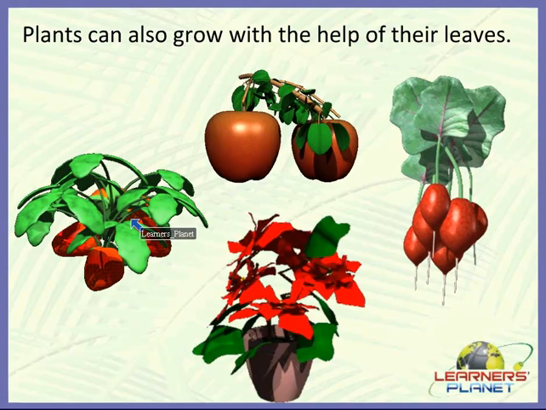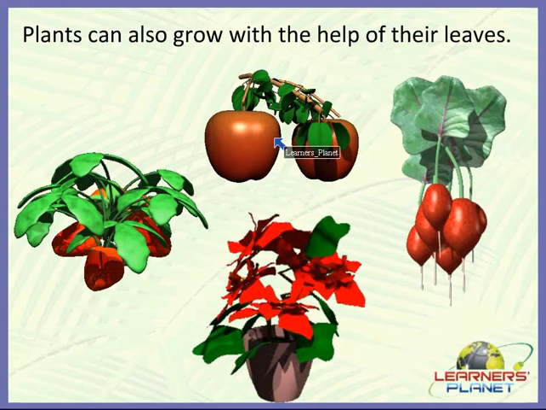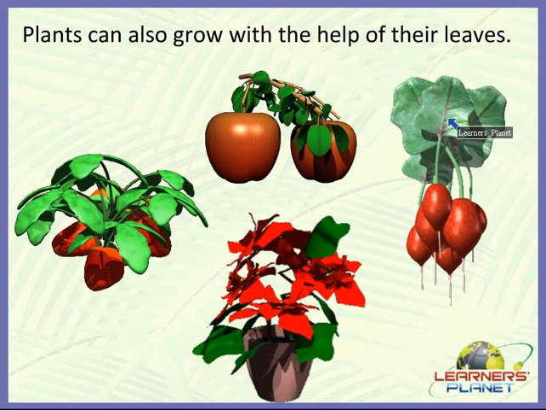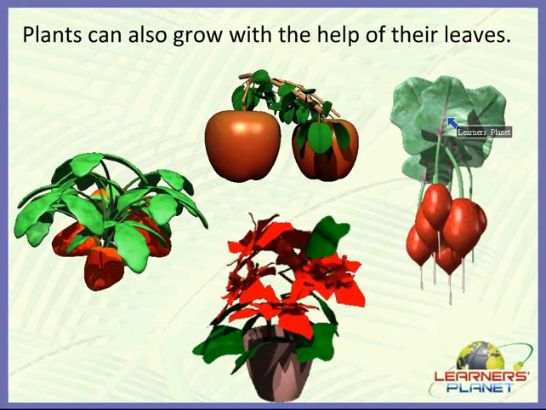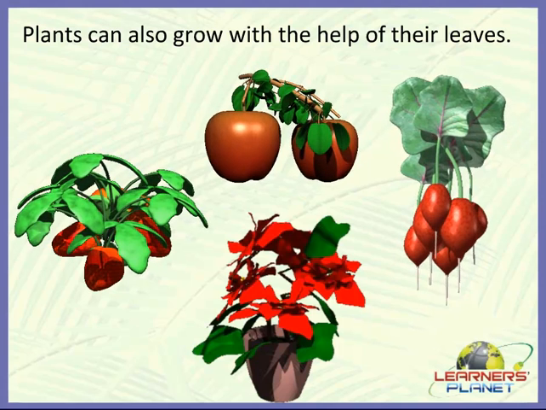As you can see in some of the pictures, these plants can grow with the help of their leaves. You can see their leaves here, right? So a new plant will grow with the help of these leaves. Alright children, so we can say that plants are able to grow with the help of other parts of the plant, that is stems, roots and leaves. So children, let's study each of them in detail.